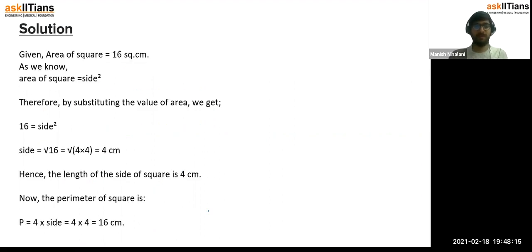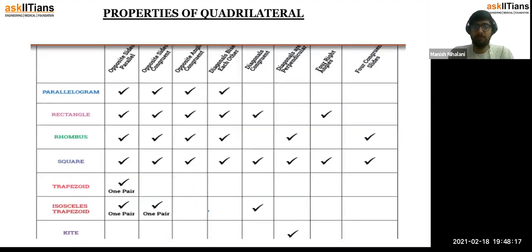Now this is a very important chart, because it will help you understand and analyze the properties of quadrilaterals all at once, at one glance, right? You can see that all the quadrilaterals are incorporated in this chart, starting from parallelogram, rectangle, rhombus, square, trapezoid, then the special case of trapezoid, that is isosceles trapezoid, and then we have a kite.